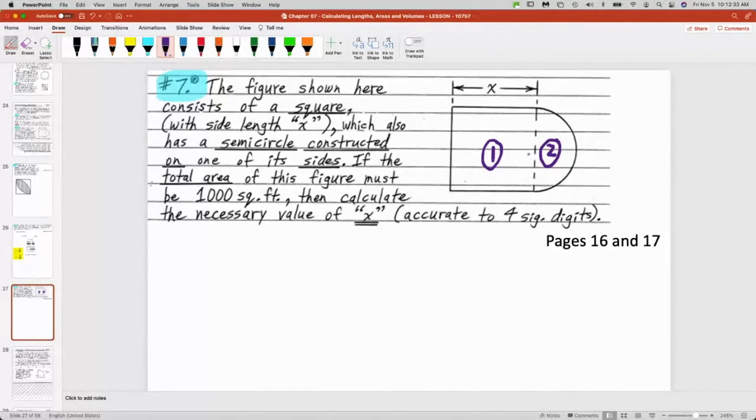Can someone tell me what is the area of the first figure? In terms of x, what shape is this figure, and then what area would that have? That figure there is a square. So what is the area of that square if the length of the square is x?